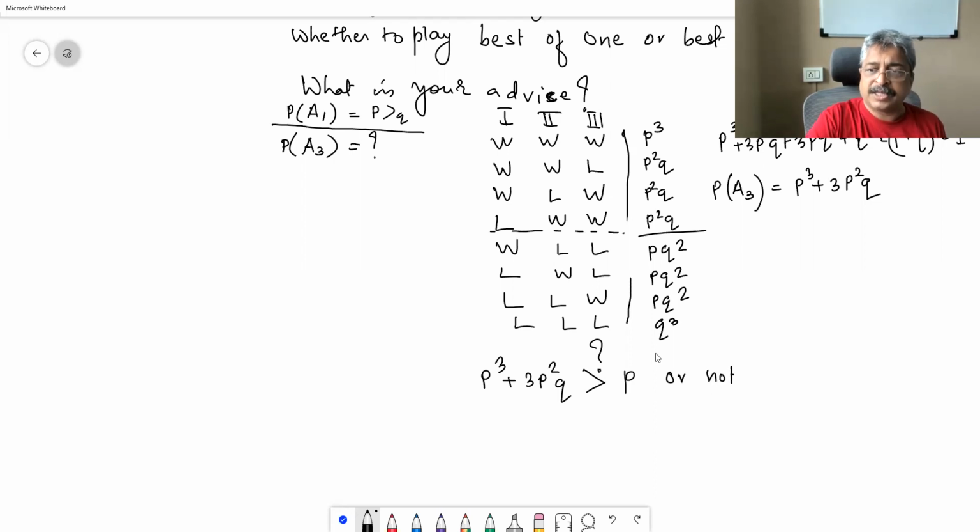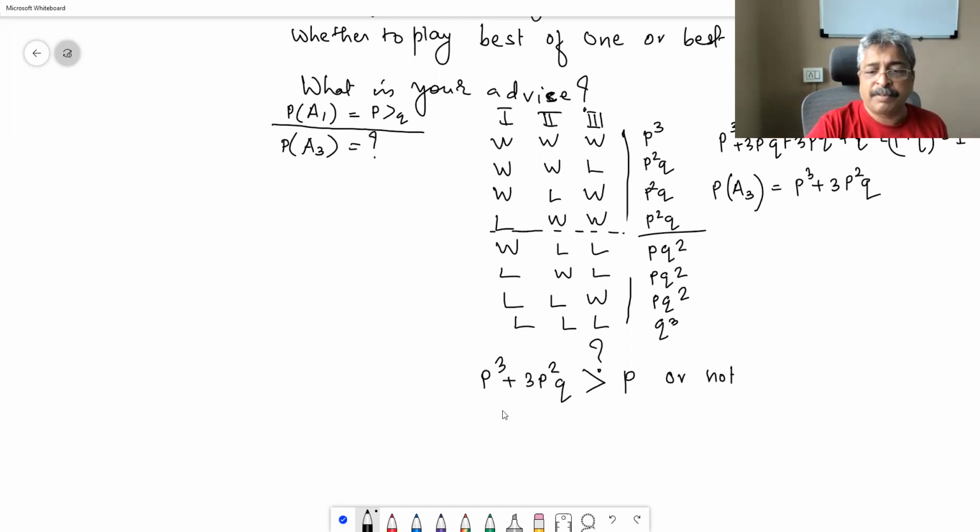If it is bigger, then probability of A winning in 3 matches is higher compared to 1 match, so we should advise B to go for only 1 match. But if P A3 is smaller than small p, then we should advise B to go for 3 matches.